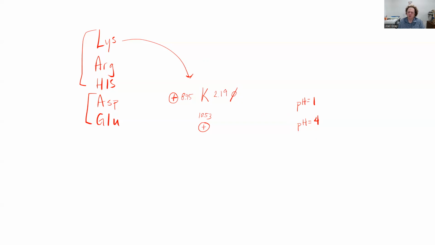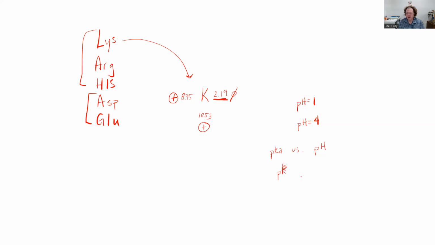The reason is, specifically looking at the C-terminus of this lysine, with a pKa of 2.19, we always want to think about pKa versus pH. The pKa is something that is true of that molecule. That pKa is, for the most part, not going to change unless it's interfered with in some form or fashion. It's true to that molecule, kind of like a personality trait almost.